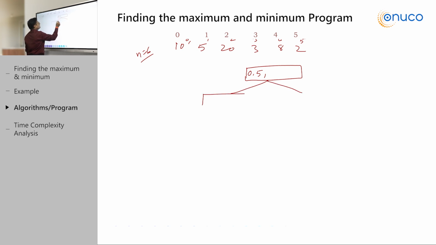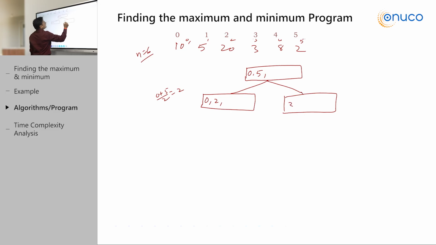Here we compute 0 plus 5 divided by 2, which is 2. So the left side is 0 to 2, and on the right hand side we have 3, 5.